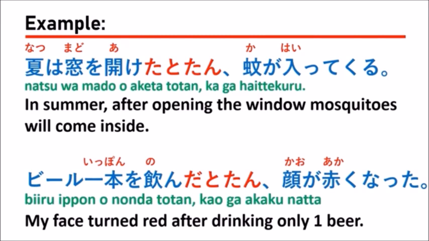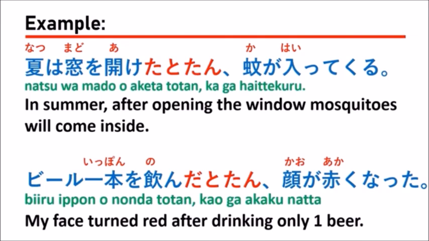In this sentence they drink beer. When you change the verb nomu to the past tense form, you change to nonda, and after that you follow with Totan. So you say nonda Totan, which means you just drank one beer.